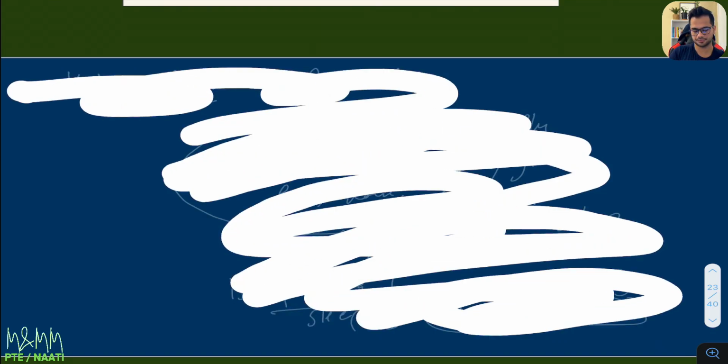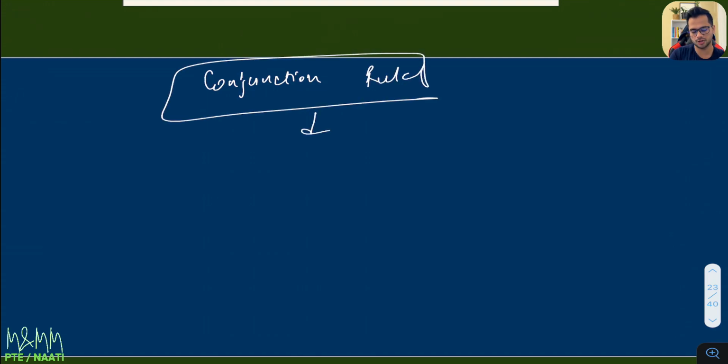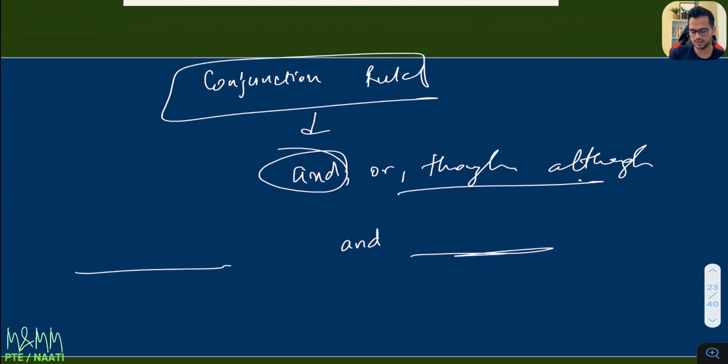And then there's one more, which is the conjunction rule. Conjunctions are connectors, such as and, or, though, although. The way it works is, if you see the word and written somewhere, it's connecting two sentences.